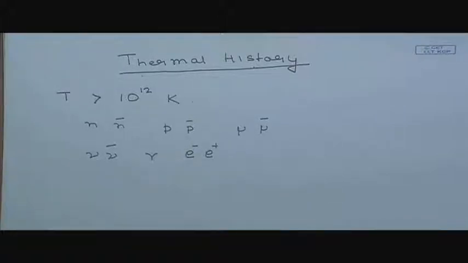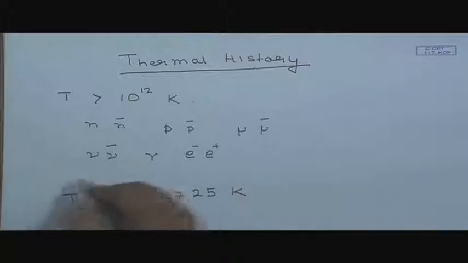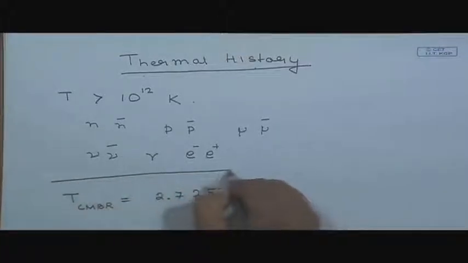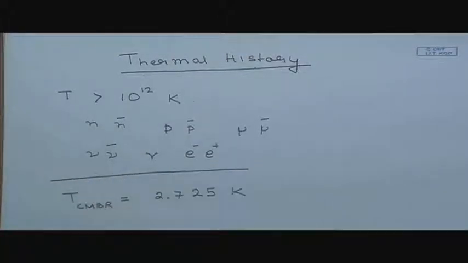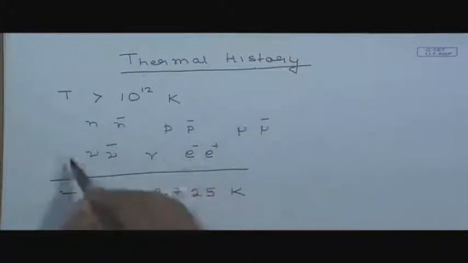To put things in context, the temperature of the CMBR at present is 2.725 Kelvin. So, we are discussing really the early universe where it is extremely hot, and you have all of these species in thermal equilibrium.